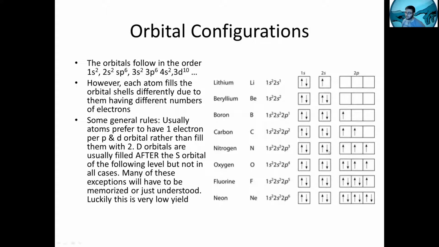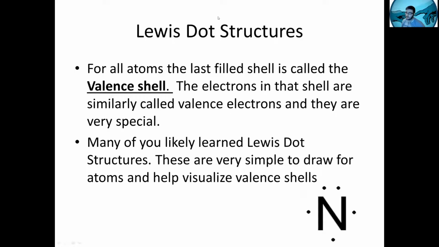So it has 2 in the s shell and 3 in the p shell, which is a total of 5 valence electrons. So you just write the element, nitrogen, and put 1 electron on this side, 1 on this side, 1 on this side. So that's 4. Now you need a 5th one, so you can just put it anywhere because it doesn't really matter, right? Now this one is paired up.